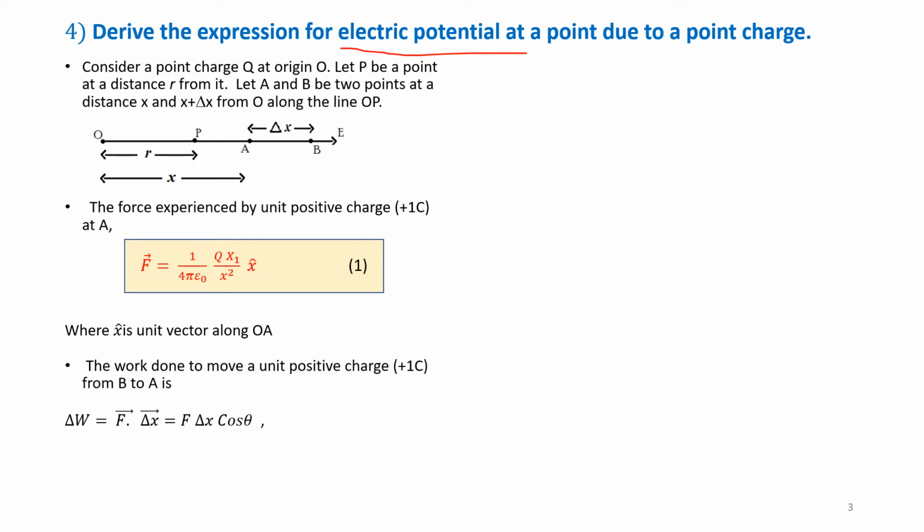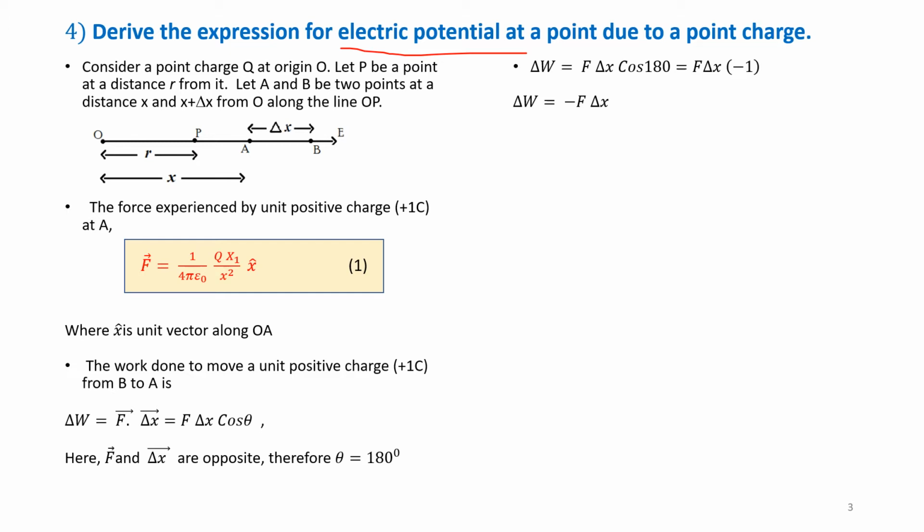That is from our knowledge of mathematics. When we remove the vectorial sign, that is F into delta x into cos theta. Here F and delta x are opposite to each other. That is, the force and the displacement are opposite to each other. Therefore, theta is equal to 180 degrees.